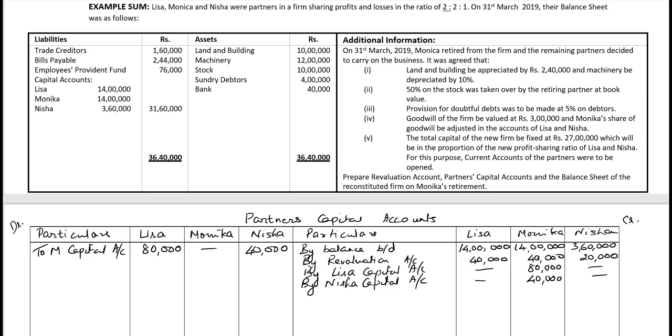Let's deal with point 2, which says 50% of the stock was taken over by the retiring partner at book value. Journal entry for stock taken over, Monica's capital account to stock account. So we have to stock account half of 10 lakh, so rupees 5 lakh is taken over.